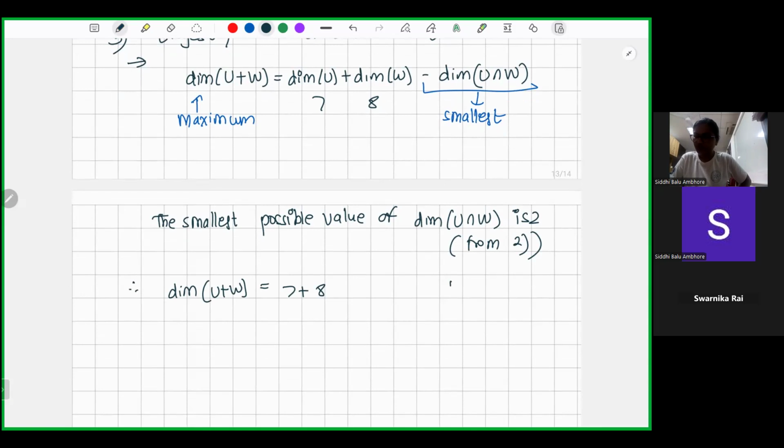See, dimension of U intersection W is greater than or equal to 2. So this I want smallest.